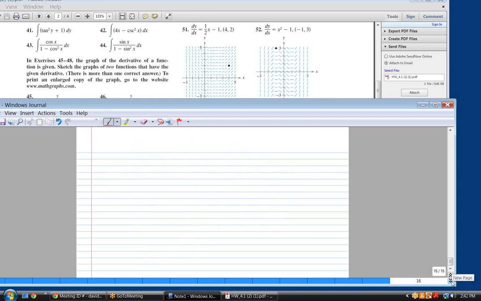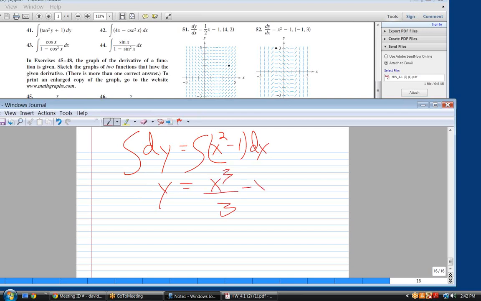Okay, 52. So 52, again, we'd start off with a dx, and then we'd integrate it, so we get y equals x to the third over 3 minus x plus c. And then we would plug in our point.